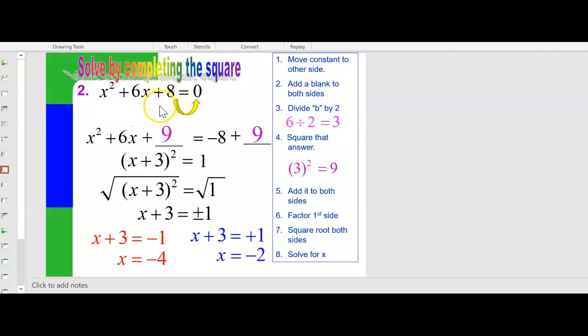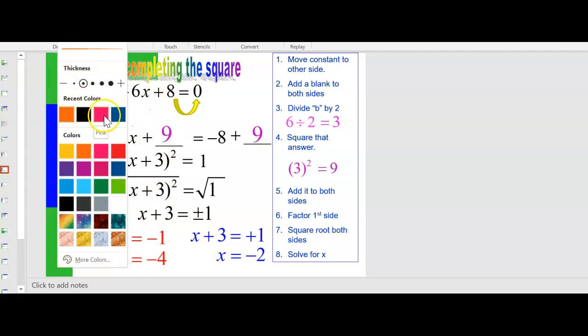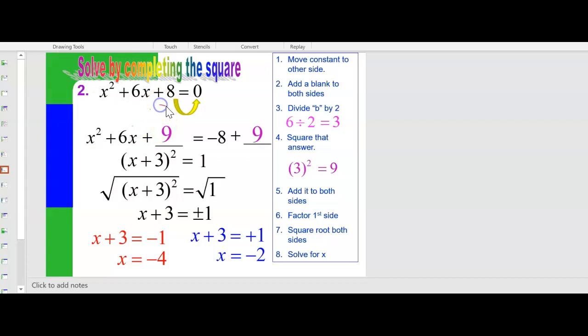You're going to subtract 8 on both sides of the equal sign. So this is gone. And you have x squared plus 6x equals -8.